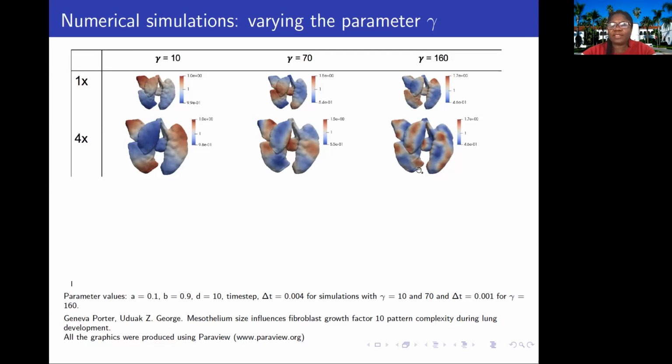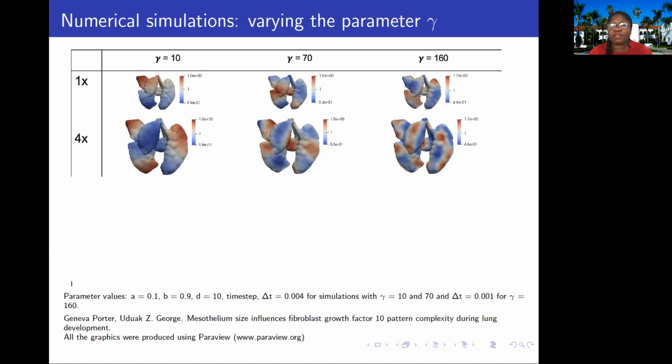When gamma is 160, we begin to see the patterning change. This also reinforces the fact that when we increase the size of the geometry, we find an increase in the complexity of the patterning.